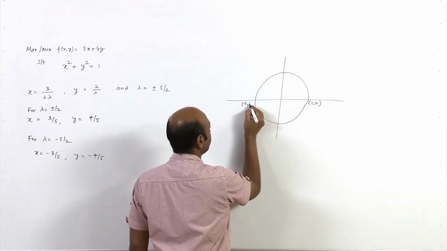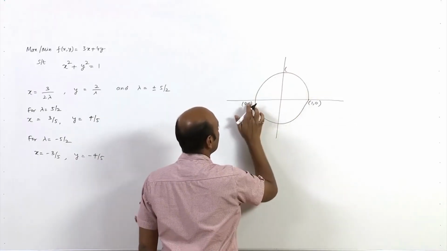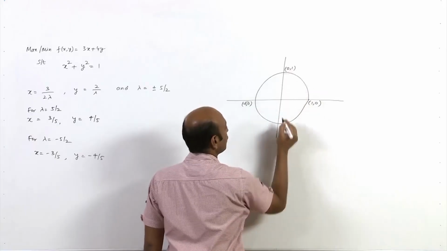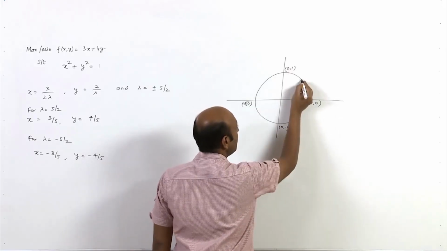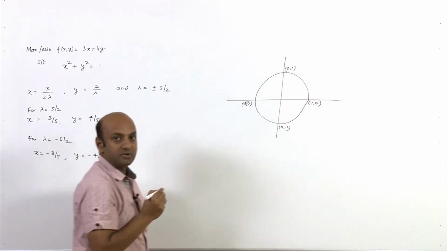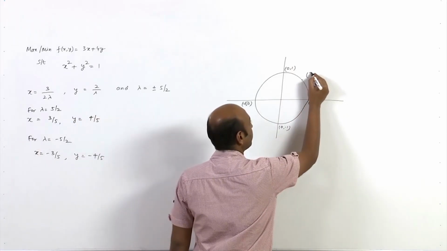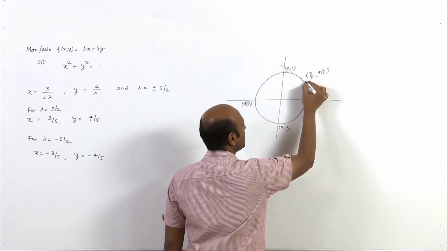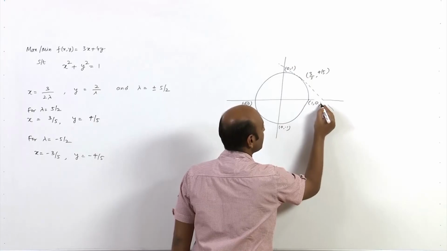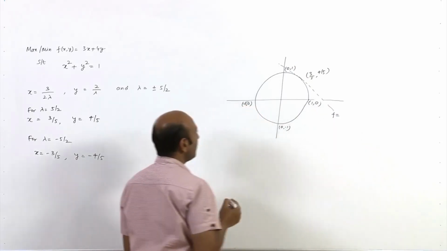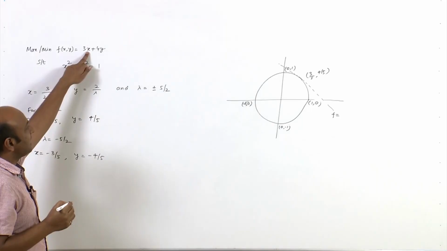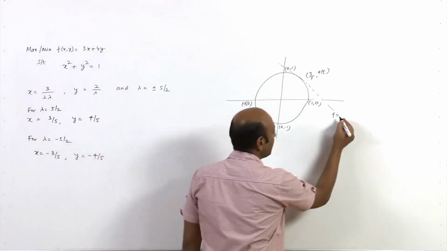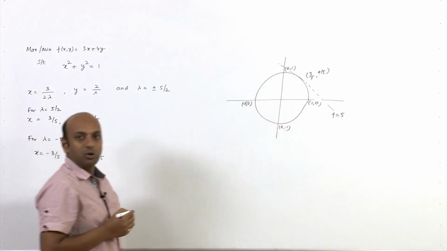It has the points 1 comma 0, minus 1 comma 0, 0 comma 1 and 0 comma minus 1, and this point is somewhere here, which is 3 by 5 and 4 by 5, and this is the point where this function attains its maximum value. What is that value? When you substitute x as 3 by 5 and y as 4 by 5, it will be nothing but 9 plus 16, 25 by 5, that is 5. So, that is the maximum value of f.